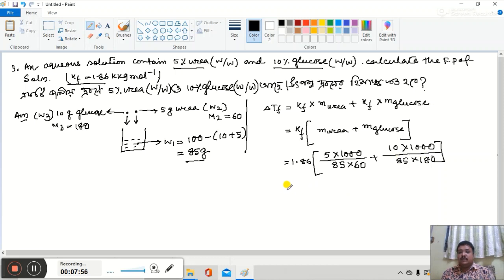By calculating it, we get del Tf is equal to 3.039.